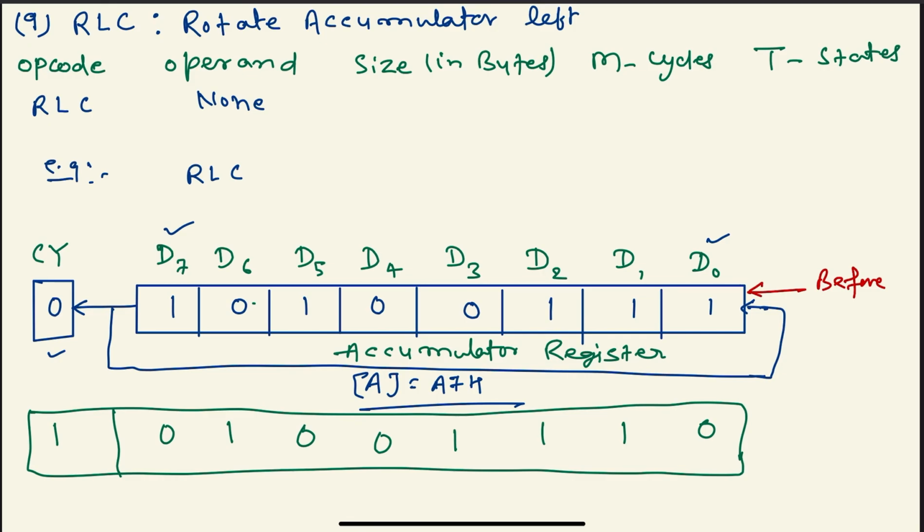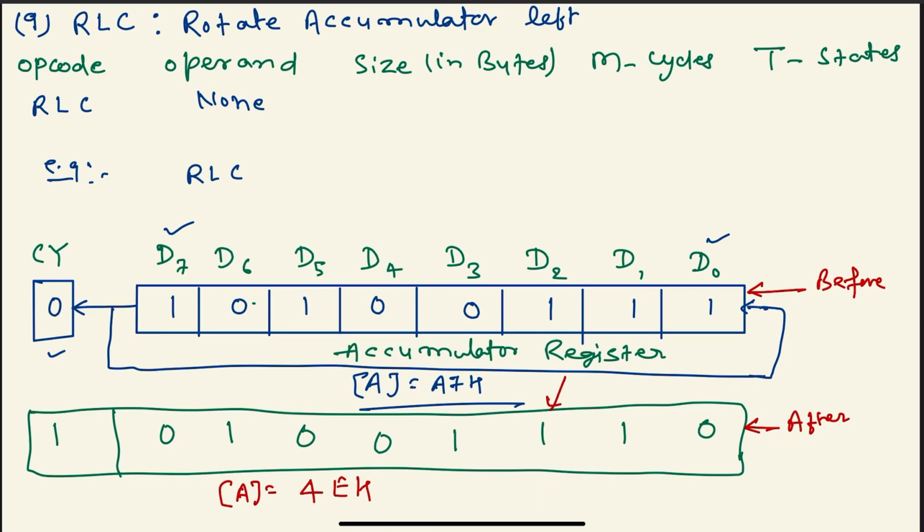So after execution of RLC 1 time, this is the content of the accumulator register, which is 0100, which becomes 4, and 1110, which is 14, that is E. So the accumulator content becomes 4EH.